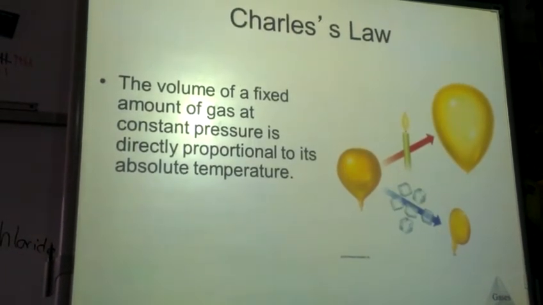Okay, Charles' law is about volume and temperature, where everything else will stay constant. So the volume of a fixed amount of gas at constant pressure is directly proportional to its absolute temperature. If I increase temperature, then I'm increasing the kinetic energy of the atoms in that sample.